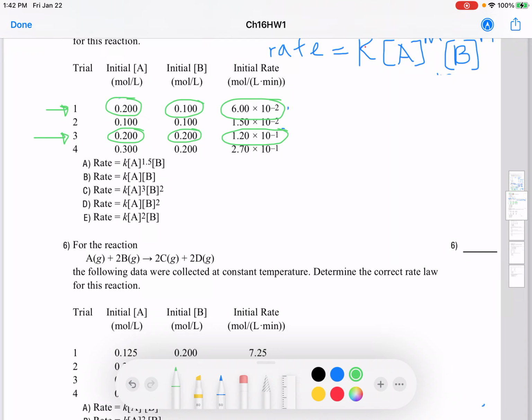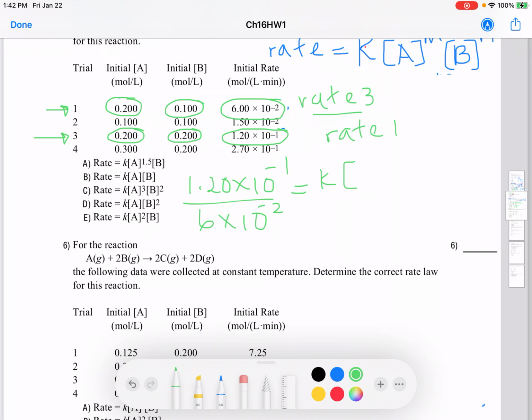We can do 3 over 1 because 3 has a bigger number compared to 1, right? So rate 3 over rate 1. That's what we are going to divide. So rate 3 is 1.20 times 10 to the negative 1 over 6 times 10 to the negative 2, and k is the rate constant, concentration of A 0.2, and then concentration of B also 0.2, that is n, and we already found m is 2.